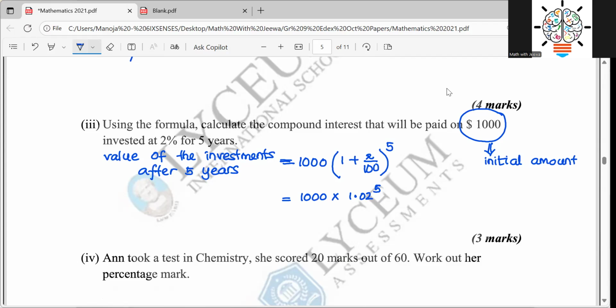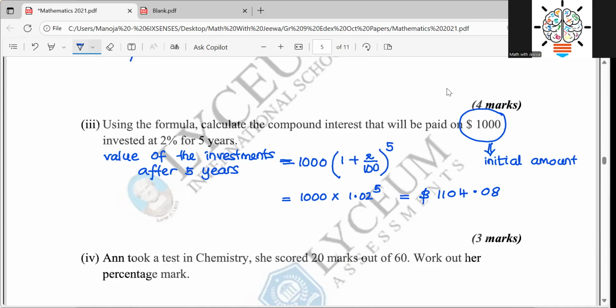That answer is 1.1040. You multiply it by 1,000, and it gives you the answer in dollars, 1,104.08.